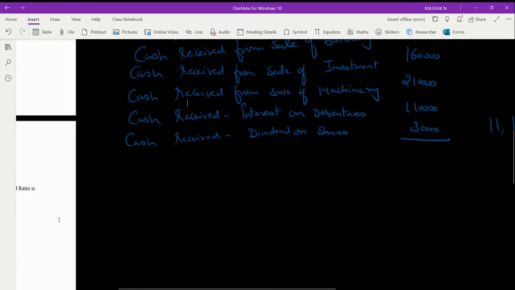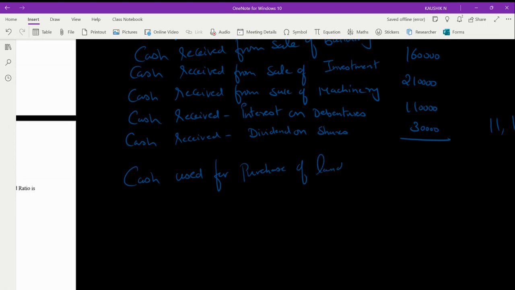Now again, come back. You have to record those three outflow details. Cash used for purchase of land. Okay, you'll record as cash used for purchase of land. Write it in the inner column. Value of rupees 5 lakhs. Followed by that, cash used for purchase of non-current investment.